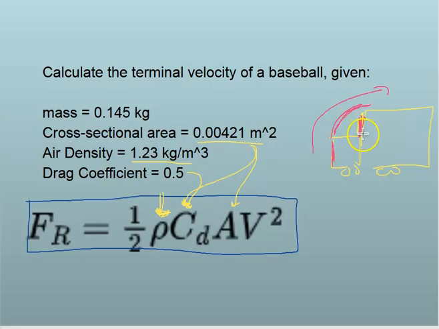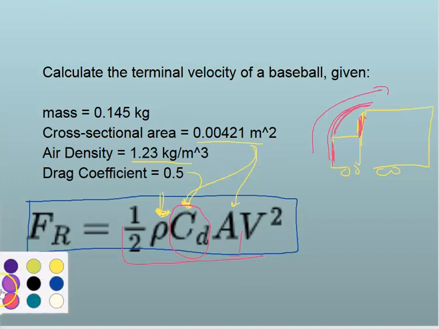You have not changed the cross-sectional area, but you have reduced your drag coefficient. Okay, so that's what the C is in there. And then this is velocity squared. Again, you don't have to know any of this. I just want you to think about it so you can visualize what's going on.